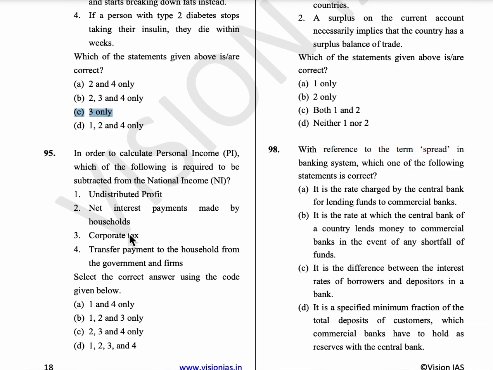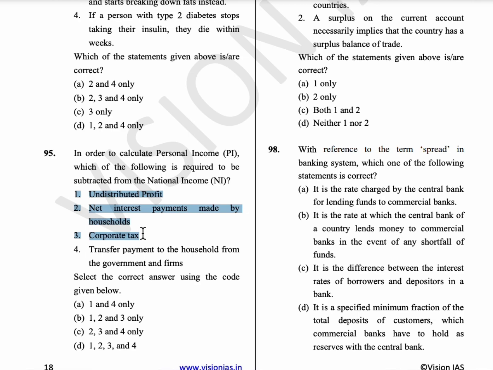95th question. In order to calculate the personal income, which of the following is required to be subtracted from the national income? So here the personal income includes all income which is received by all the individuals in a year. So first statement is undistributed profit, net interest payment made by the households, corporate tax.